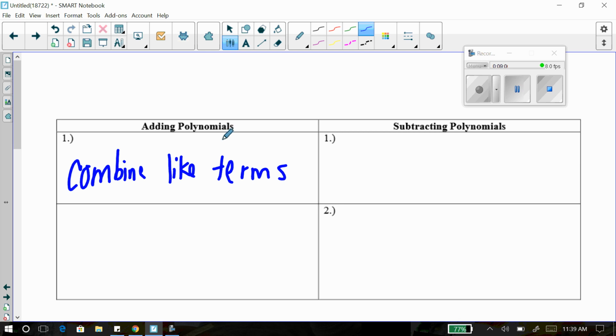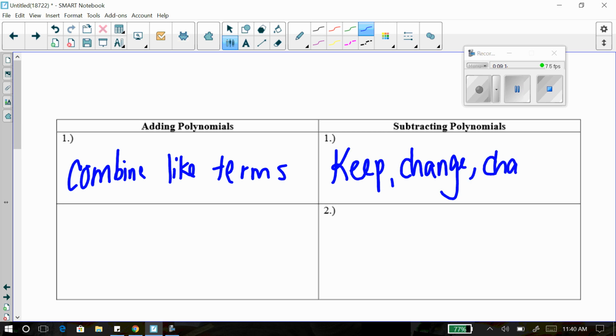Subtracting polynomials had one extra step. If you remember, the first thing you had to do was this keep, change thing. Again, I'll go over in a second what that means.